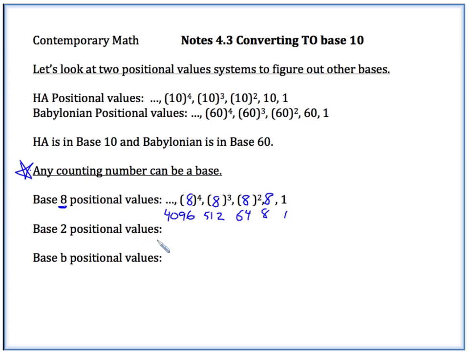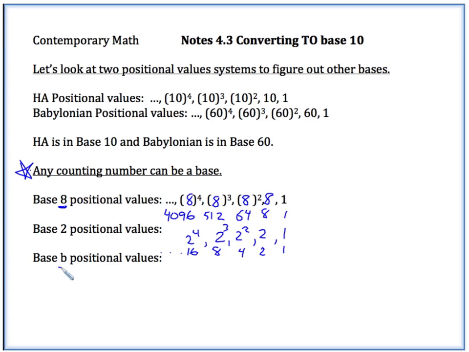Go ahead and write out the base 2 positional values using the same pattern that we've seen here. So it's going to be 1, and then 2, then 2 squared, 2 cubed, and 2 to the fourth. So base 2 positional values will be 1, 2, 4, 8, 16, and so on and so forth.